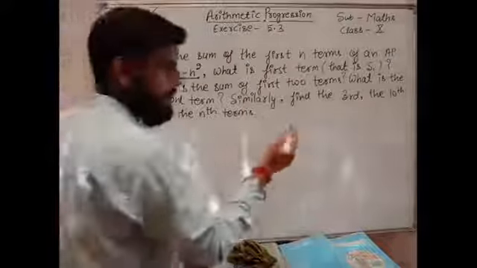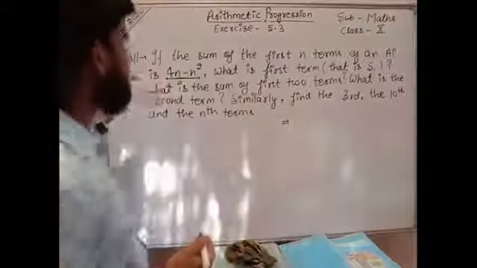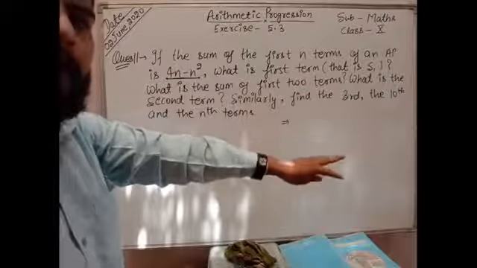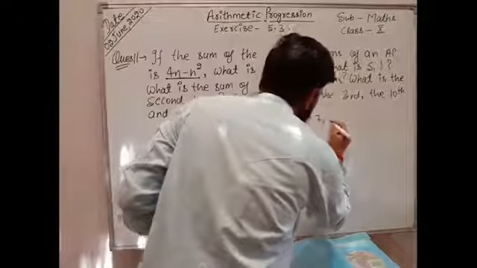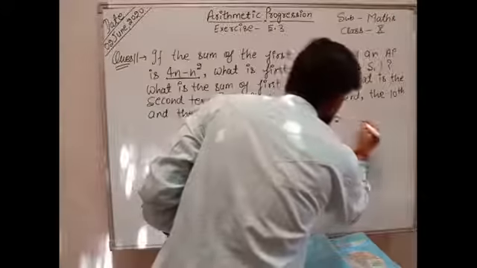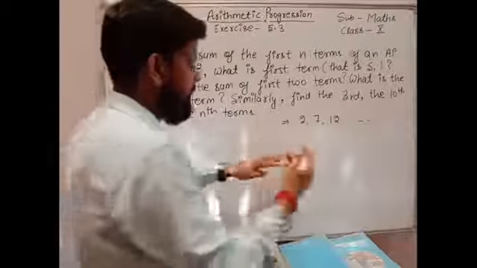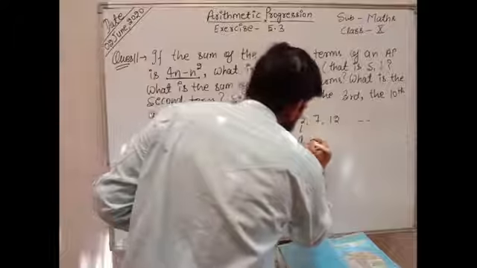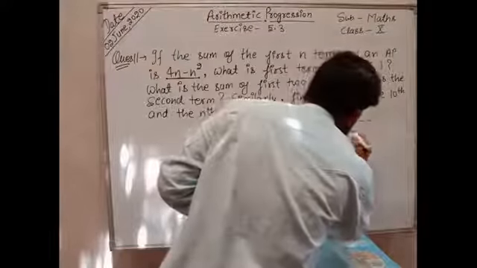See, now we can take any example for understanding S1 and A1. See, there is an AP 2, 7, 12. Okay, so this is an AP. Here, as we can see, A1 is equal to 2 and S1 is also 2.